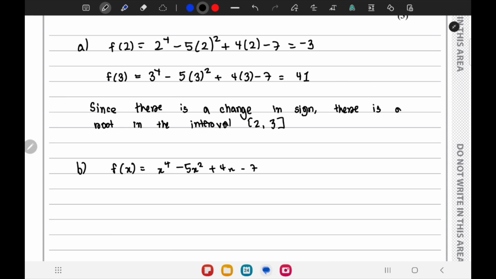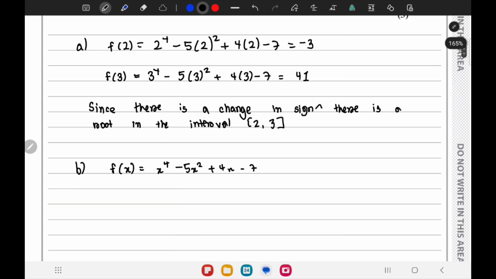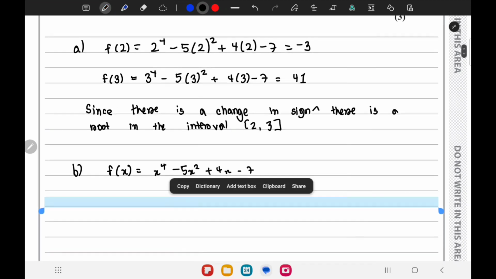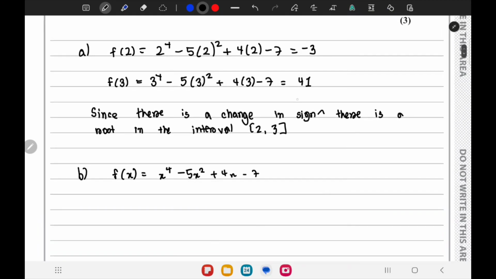Before we go to B, we should also write the part about the continuous function, because in case of 1 by x, there will be a change in sign but there is no root in between because it's not continuous. Right. There is a change in sign and the function is continuous.